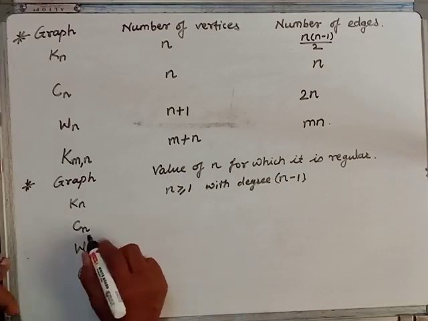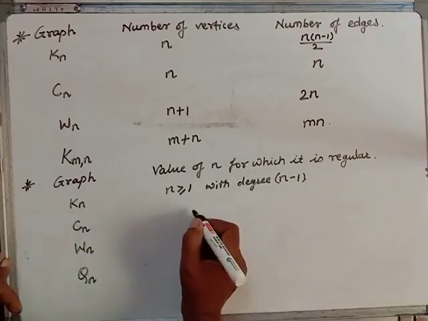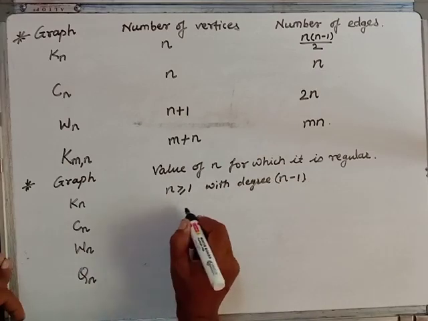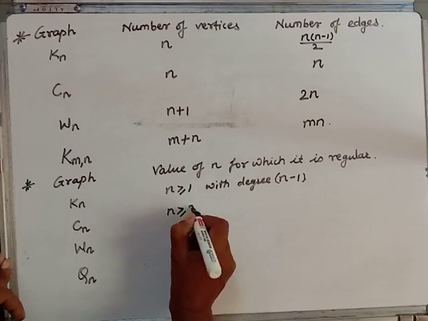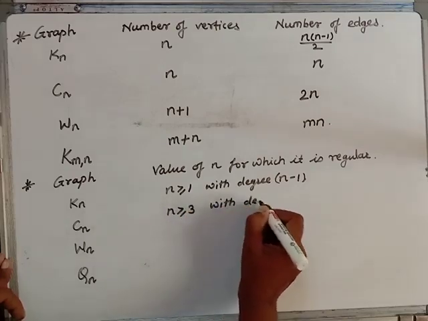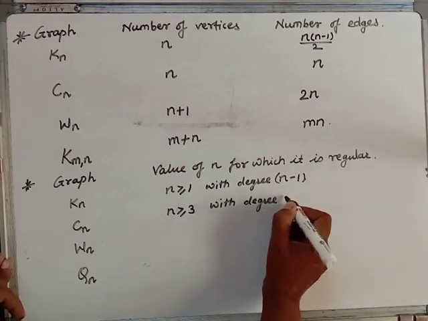Then the cycle is regular for n greater than or equal to 3 with degree 2.